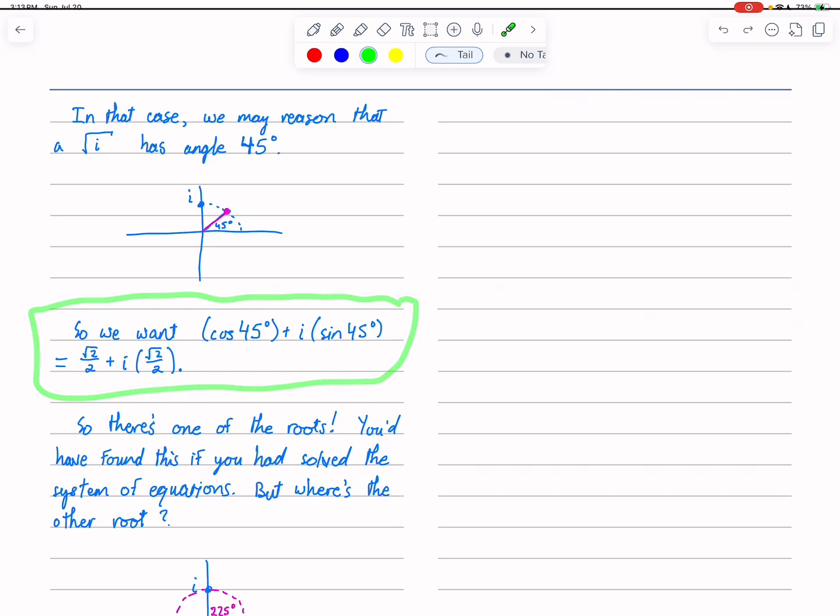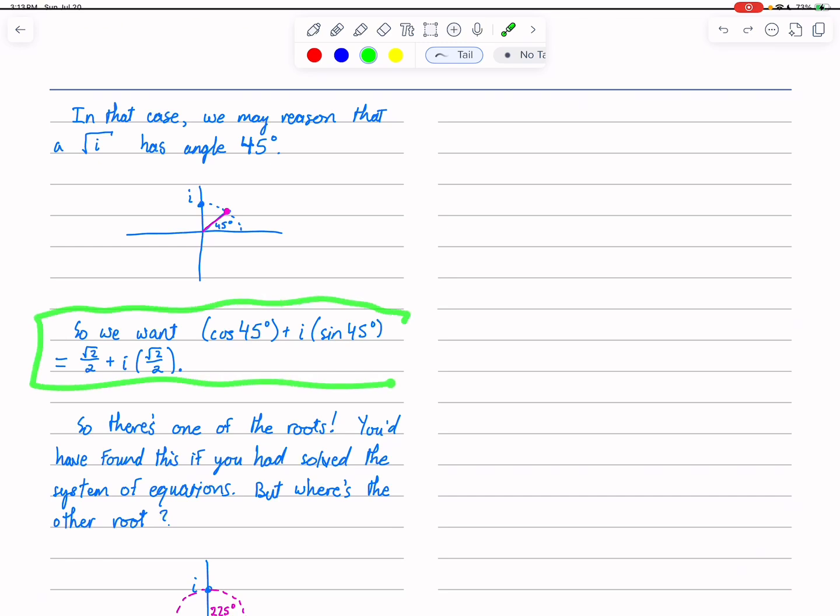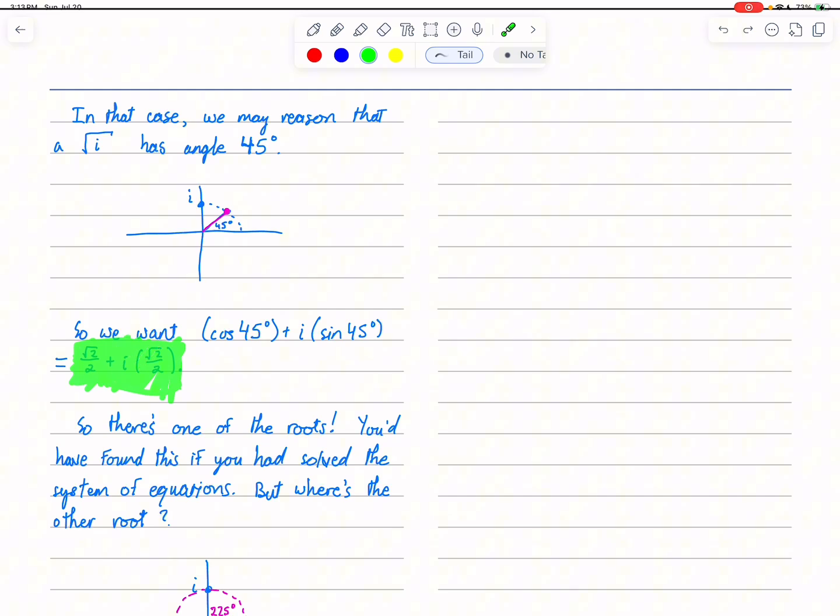With that being an angle of 45 degrees, the real part would be the cosine of 45 degrees. The imaginary part would be the sine of 45 degrees. In this particular case, both of those are root 2 over 2. And here is the solution, right? So there is actually one of the two requested square roots of i. If you take this thing and square it, you should get i.